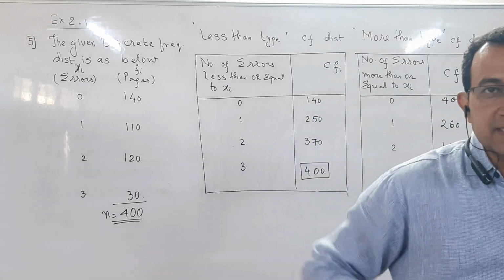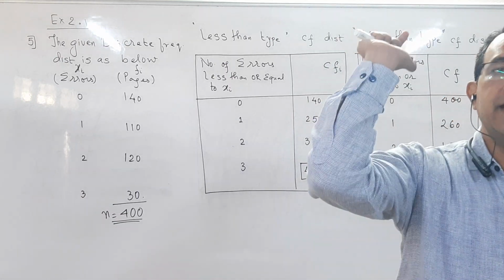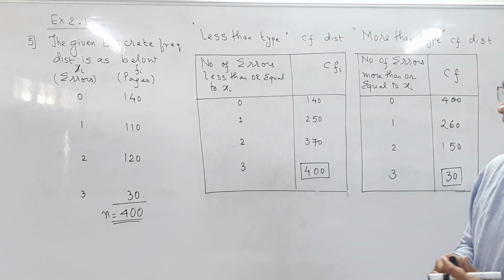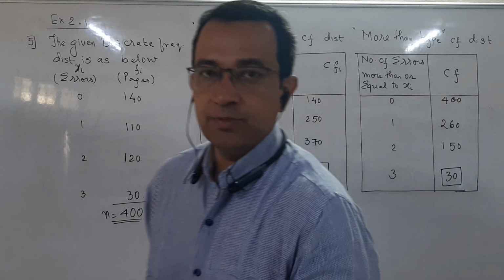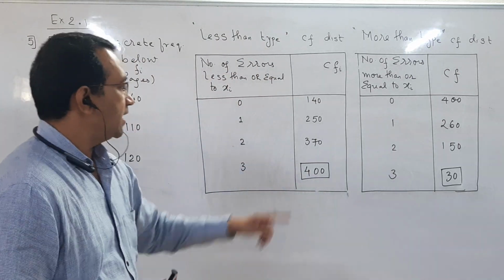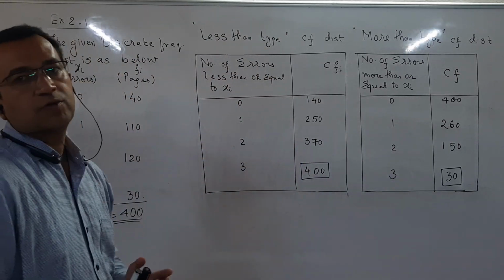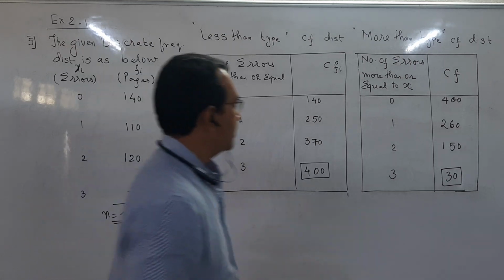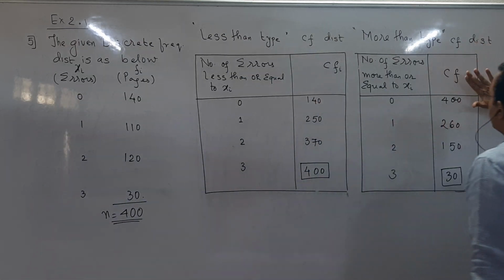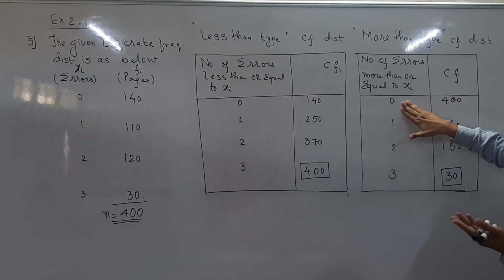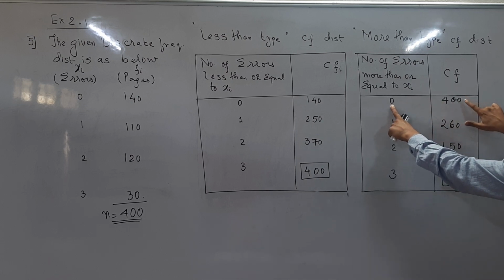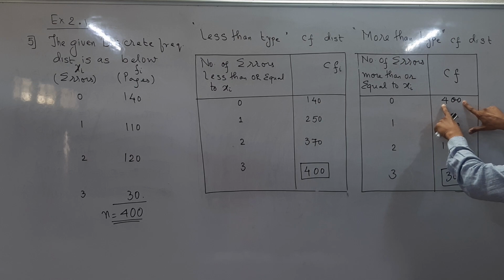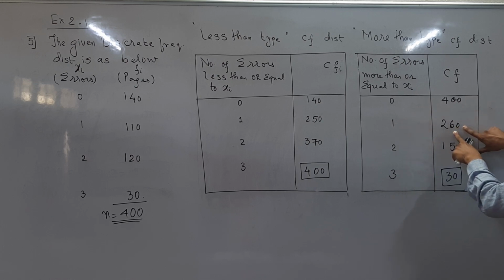So in less than type, we end at total. And in more than type, students, we end at the last frequency. Once again, I have explained. Total frequency, now all the errors are greater than or equal to 0, which is 400. Now subtract the frequency of 0 from 400. 400 minus 140, 260.